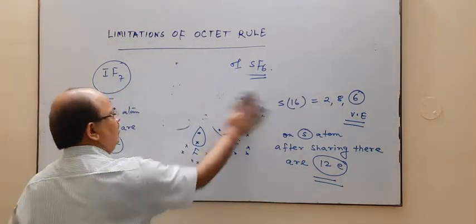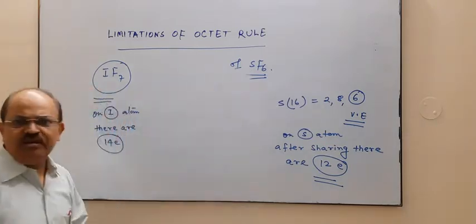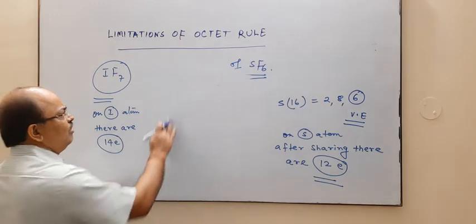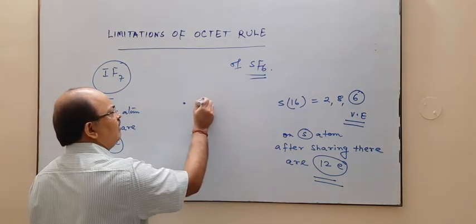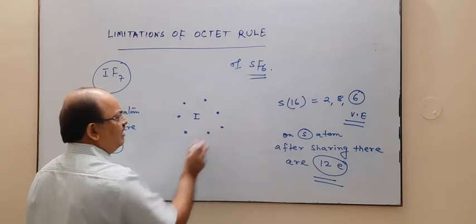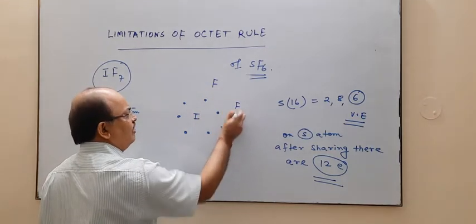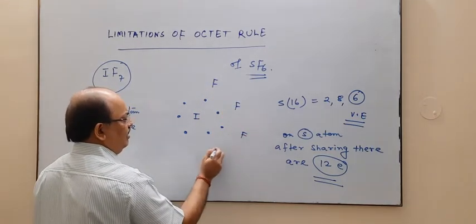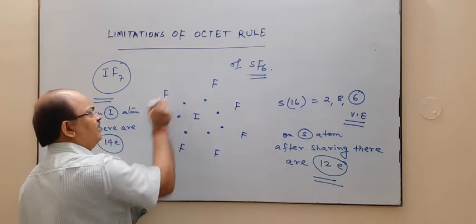For example, you know iodine is halogen, fluorine is also halogen. So all halogens have 7 valence electrons. Say this is 1, 2, 3, 4, 5, 6 and 7. There are 7 fluorine. This is 1, this is 2, this is 3, this is 4, this is 5, this is 6 and this is 7.